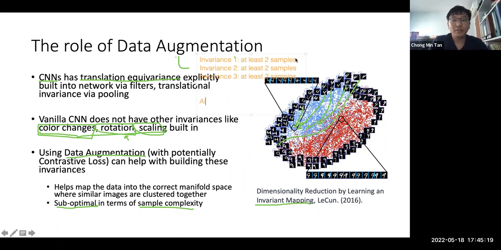If you want all invariances, all possible combinations, say up to invariance n, we need at least 2 to the power of n samples, because you need 2 samples to differentiate each invariance.